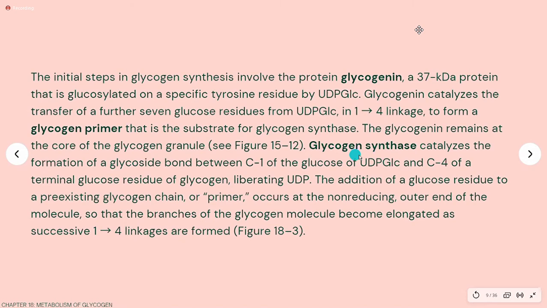Glycogen synthase catalyzes the formation of a glycosidic bond between carbon 1 of the glucose of UDP glucose and carbon 4 of the terminal glucose residue of your glycogen, liberating UDP. The addition of a glucose residue to the pre-existing glycogen primer occurs at the non-reducing end.